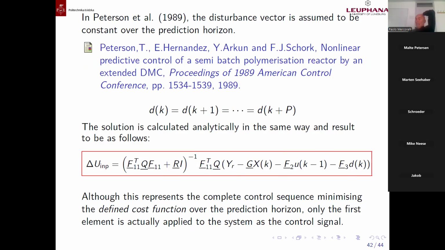What about d of k? In this sense d of k must be known, but I told you now it's not accessible, it's not measurable. Yeah, but it could be, should be, must be estimated. Therefore, I will introduce also in this course the Kalman filter, which is a possible estimator, an optimal estimator. Optimal in the strict sense of the word, because I try to find an optimal estimation which minimizes what?